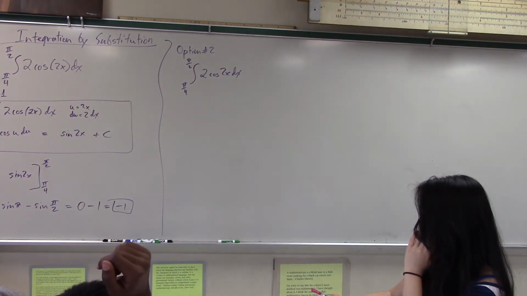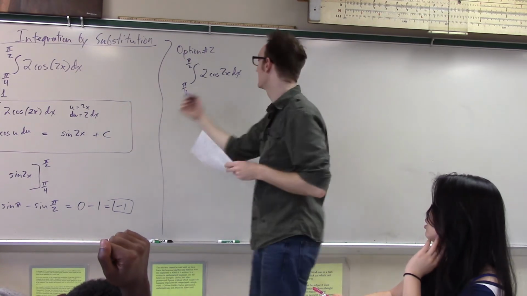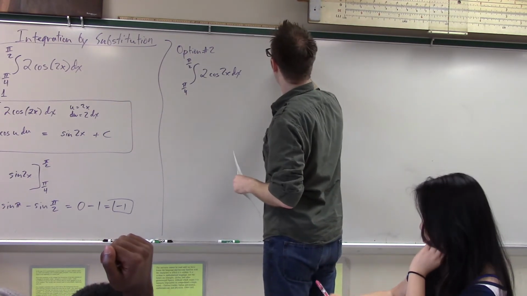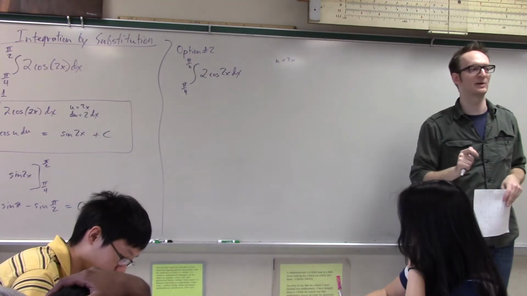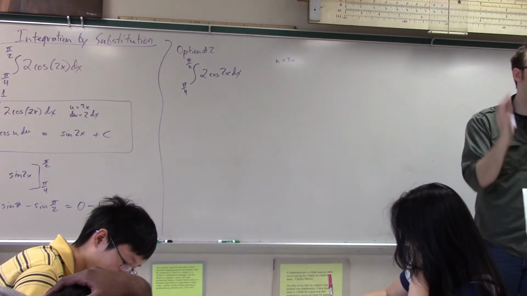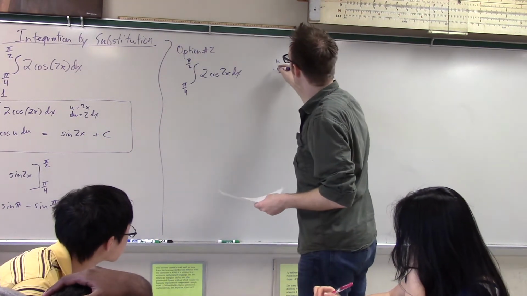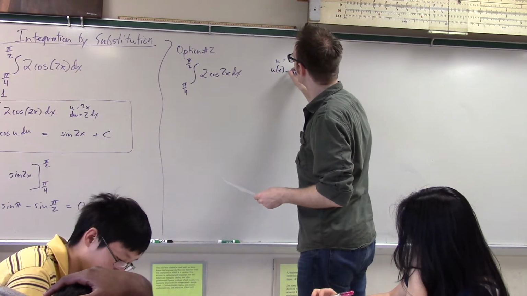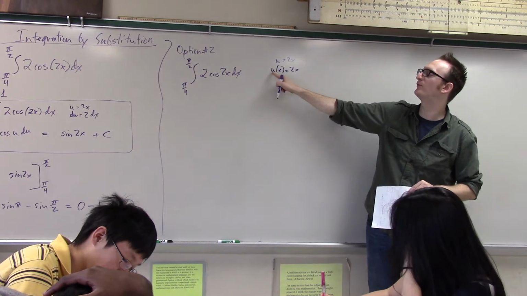And okay, what do I mean by that? So I'm going to go through the same process of making a substitution. So I'm still going to let u be 2x. But now, instead of just writing u equals 2x and not really thinking about it so much, I'm going to think of u as a function of x. So this is really just the same thing, but I think it helps understanding to think of yourself as defining a new function.